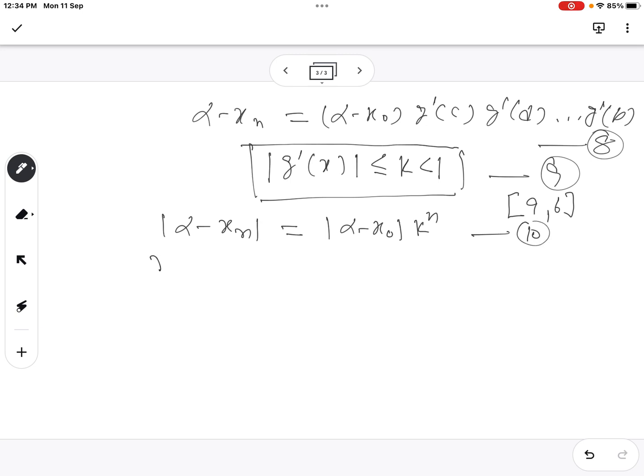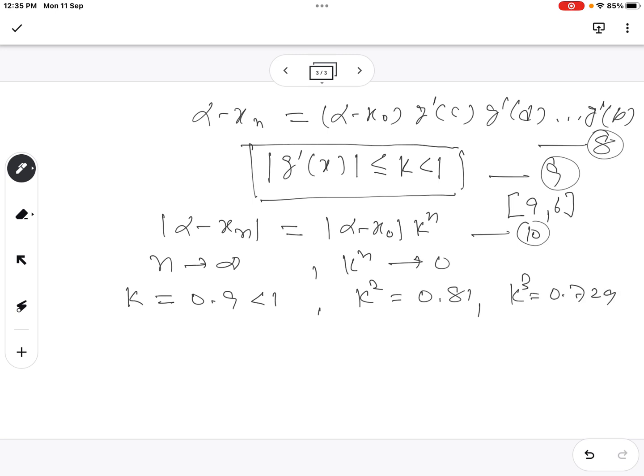And if n tends to infinity, k to the power n tends to 0. To understand this, let us say that the value of k is 0.9 which is less than 1. So k square is 0.81, k cube is 0.729, and so on and so forth, as we see that it is tending towards 0.